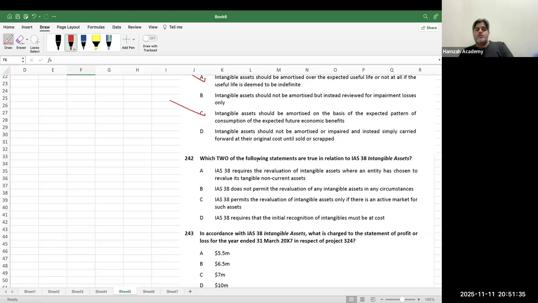Then 242, which two of the following statements are true in relation to IAS 38 intangible assets?